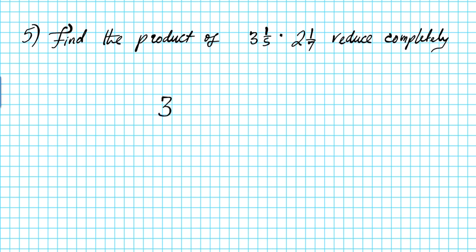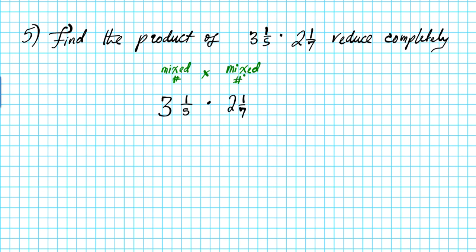Alright, so what are we dealing with here? 3 and 1/5 multiplied by 2 and 1/7. This is the product of a mixed number times a mixed number. So we're multiplying two mixed numbers.